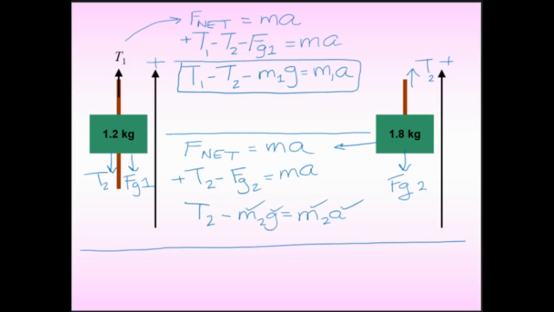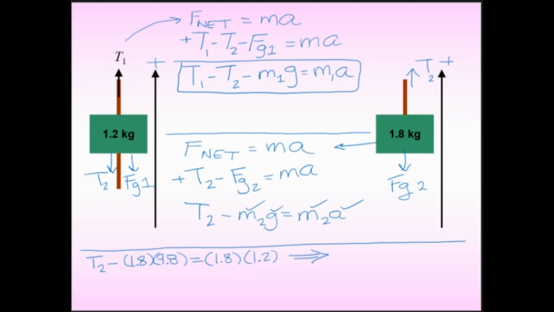T2 minus, what's the mass M2? 1.8 times, actually, let's just put brackets, it's got to look nicer. 9.8 equals 1.8 times, you said 1.2? Okay. How are you going to solve this equation?